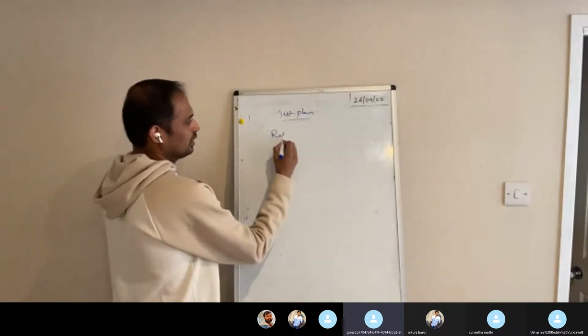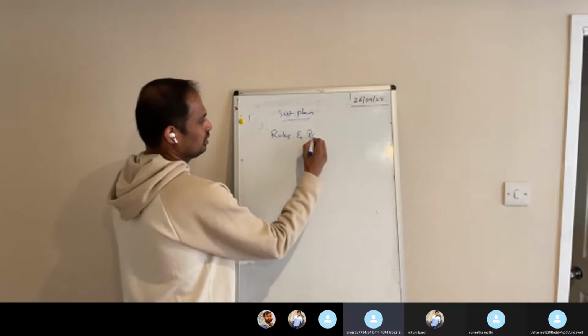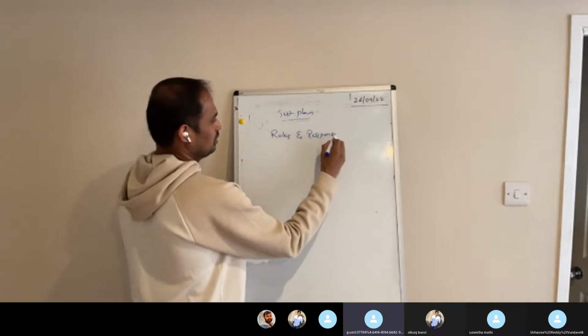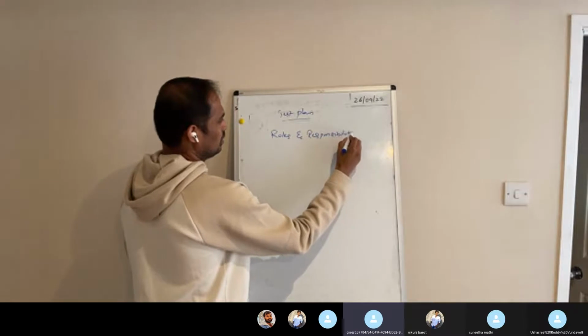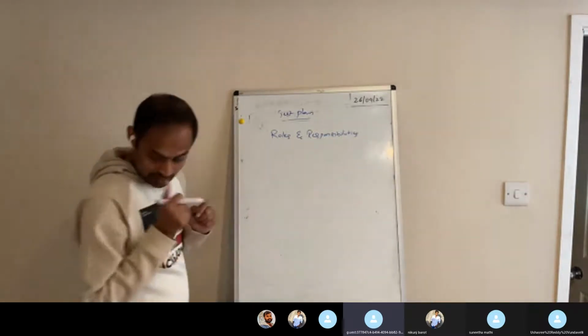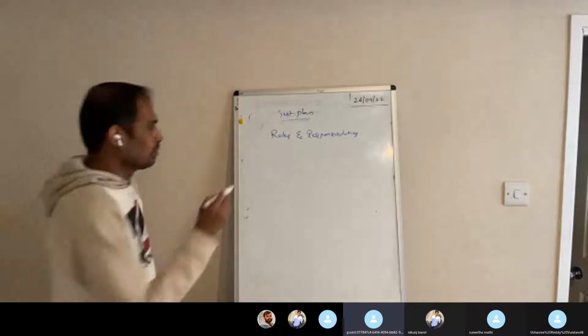So roles and responsibilities. What is the number of these roles and responsibilities? Number 8.